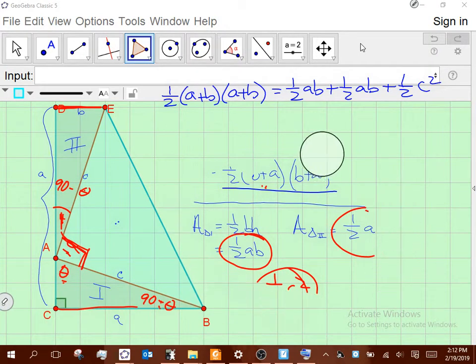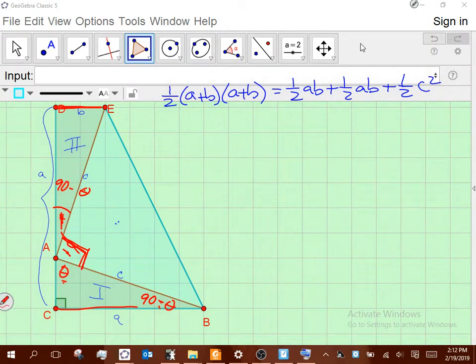Is that okay with everybody? All right. How can I get rid of those 1/2s? Times everything by 2. So I'd have (A plus B) times (A plus B) is equal to AB plus AB plus C squared, right?